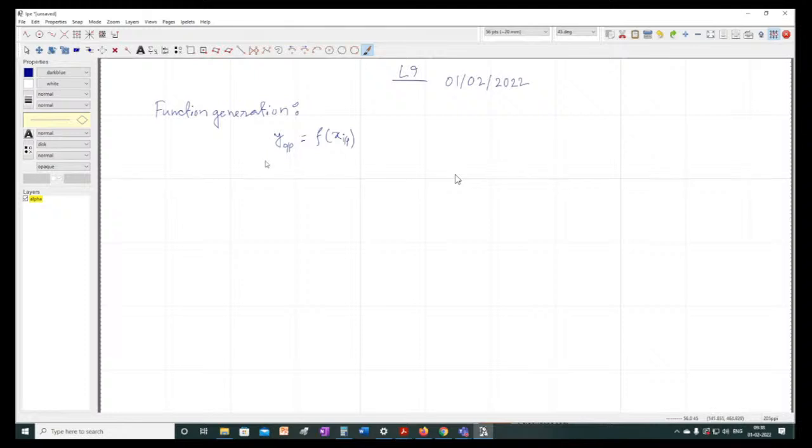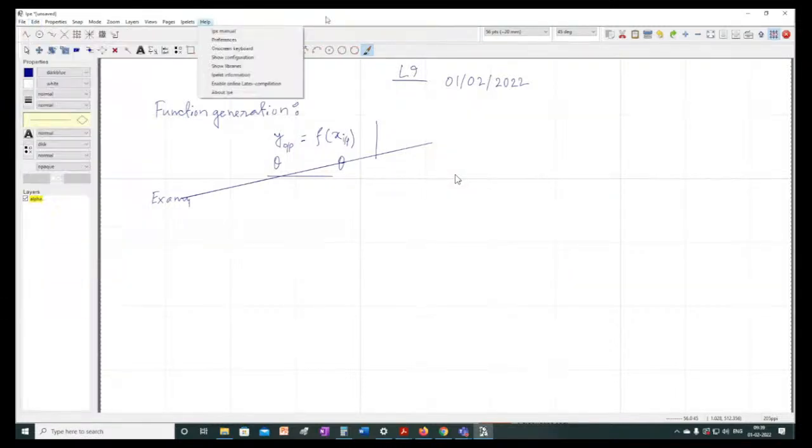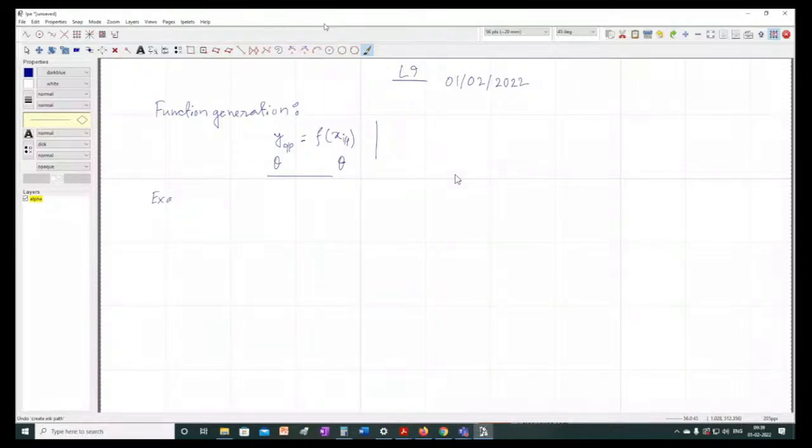Or if this y is just angles, then these are also angles. So we take one example for this kind of problem. Let us not even write here because we need some space.